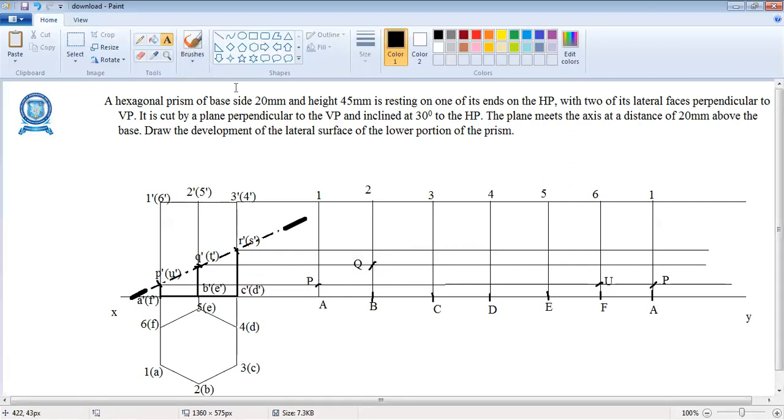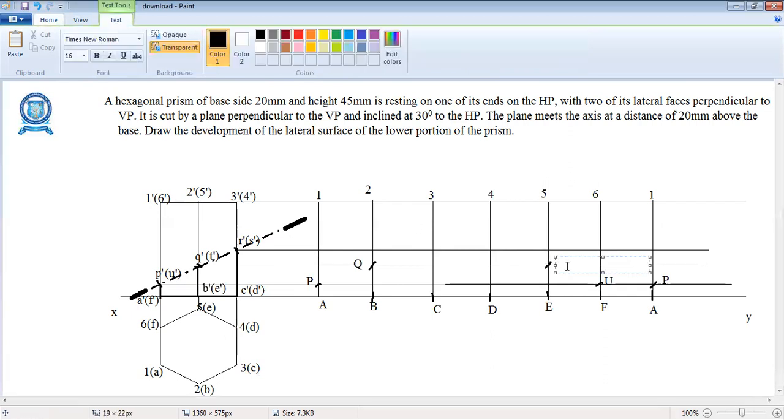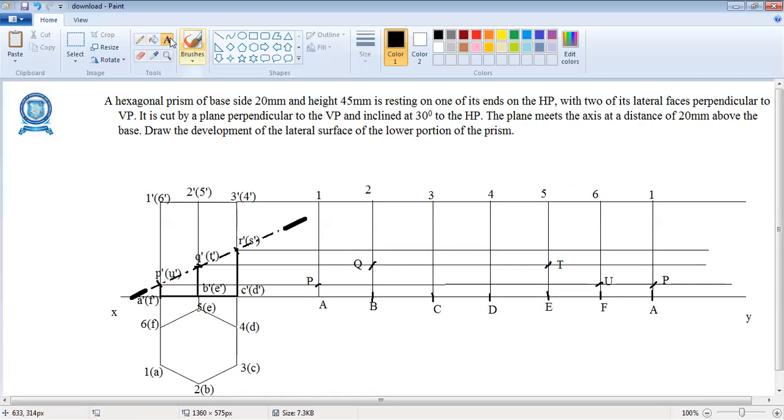T point belongs to 5E. In the same way, mark the points R and S on 3C and 4D.